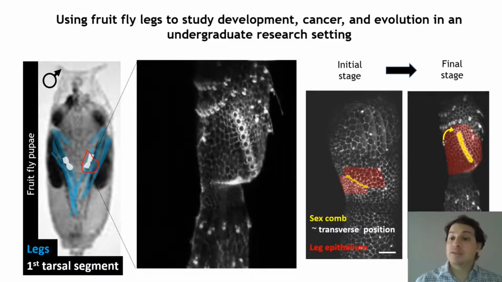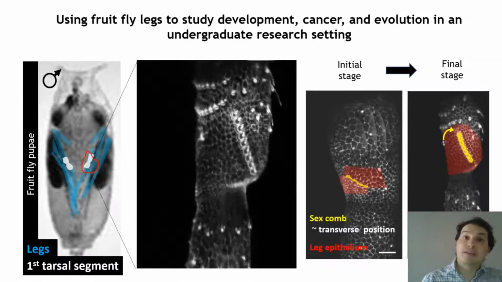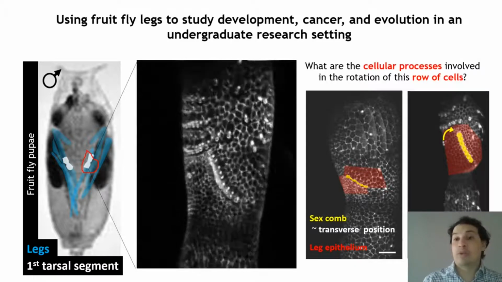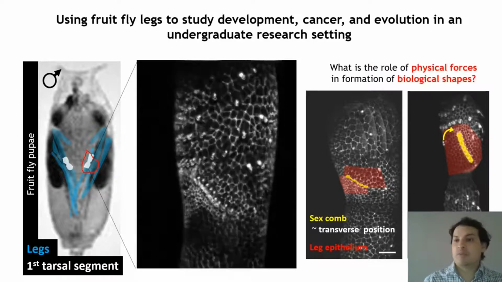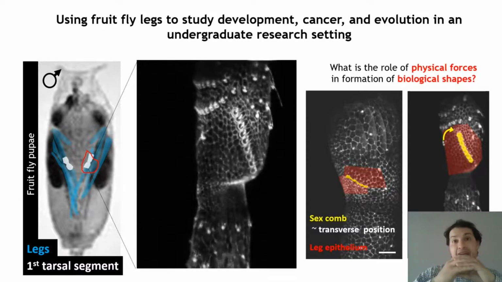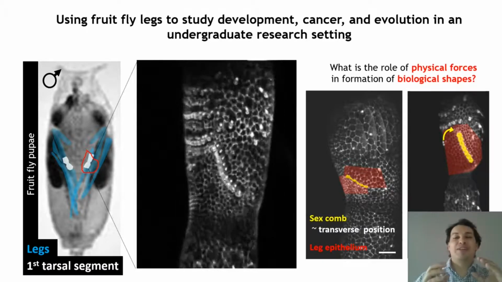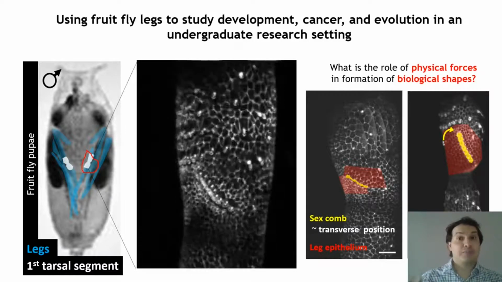And also we are studying what happens around the sex comb, around this group of cells. And we want to know what are the cellular processes involved in this change of position. And we find that this is a great system to study the relationship between physics and biology. And this is something that we are pursuing.